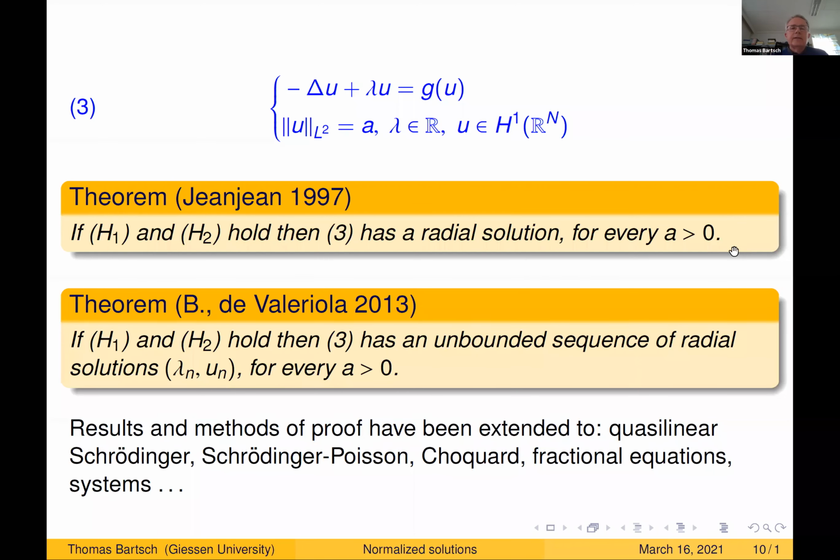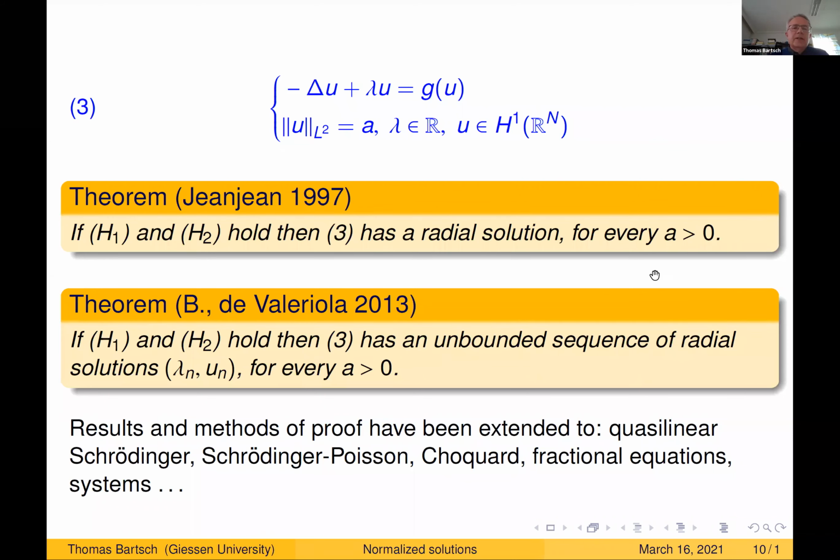And a few years ago, in a joint paper with Sébastien de Valeriola, we improved that under the same setting, under the same conditions, we even have an unbounded sequence of radial solutions, again, for every prescribed L2 norm.